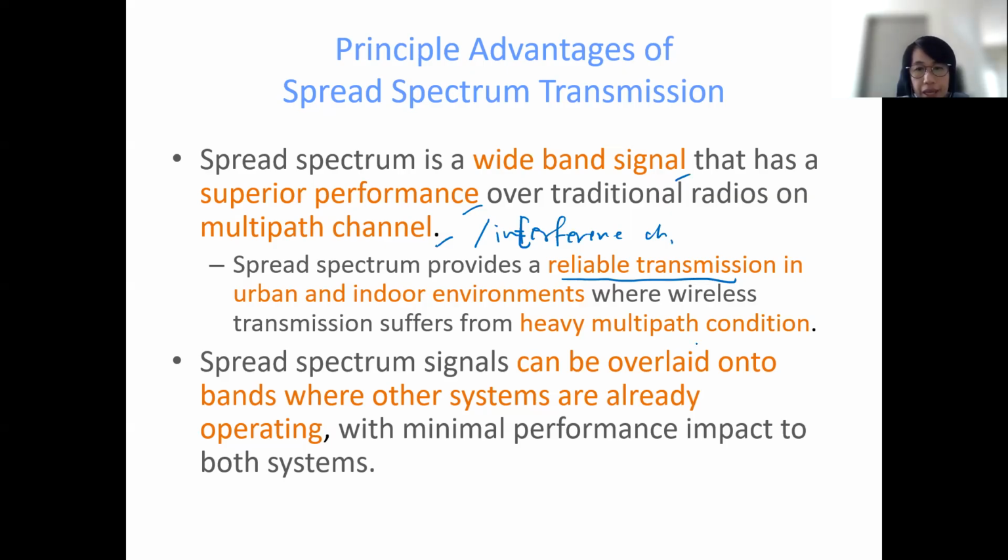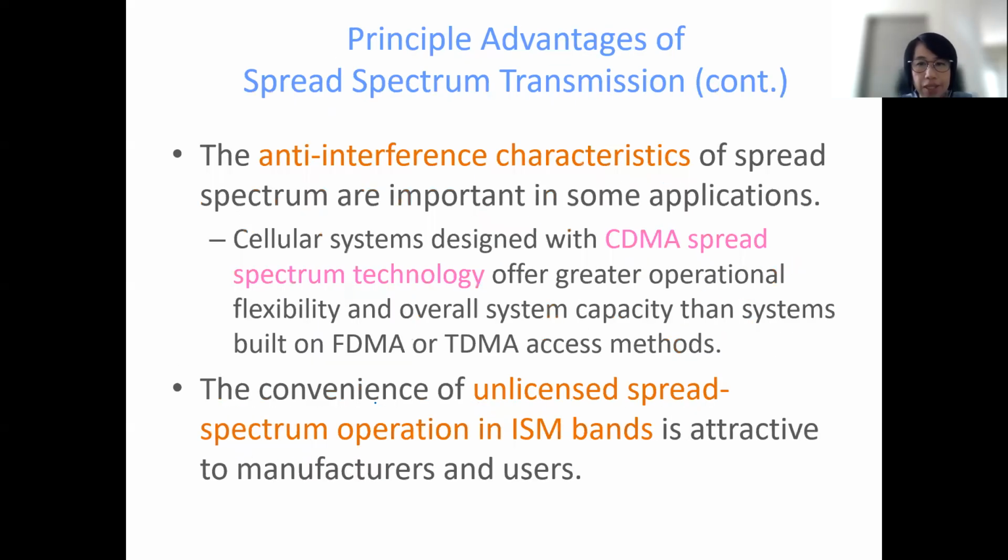And by using the spread spectrum, it can overlay onto bands where other systems are already operating, as I showed in the previous slide. We can call spread spectrum an anti-interference characteristic. Actually, it's not 100% interfering, but interferes a little bit with a small bandwidth.